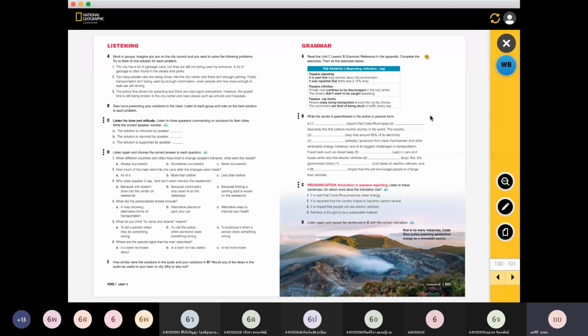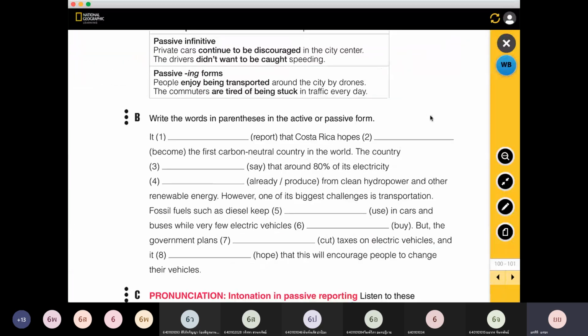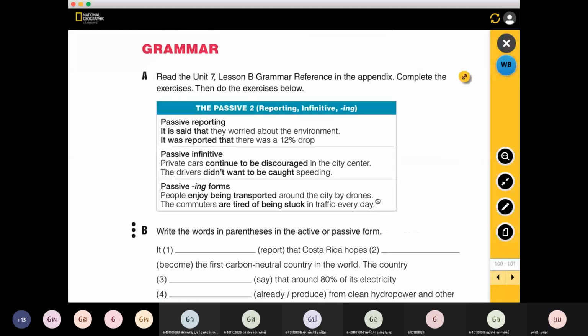If we focus on ourselves too much, to a certain extent it's kind of subjective, I would say. So that's why there are other types of passive.